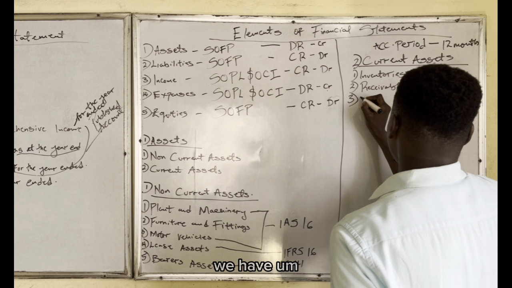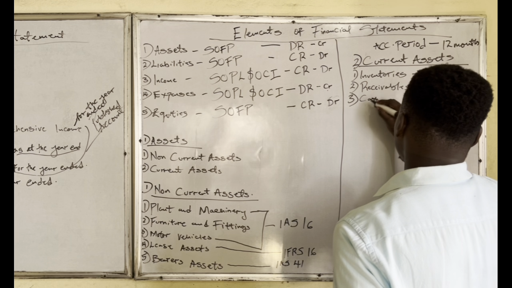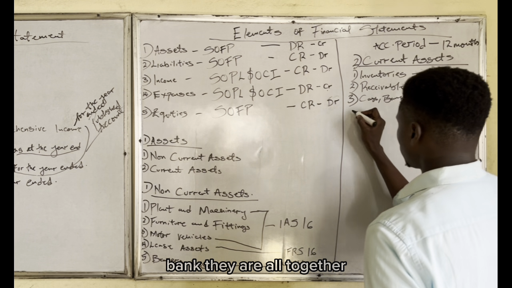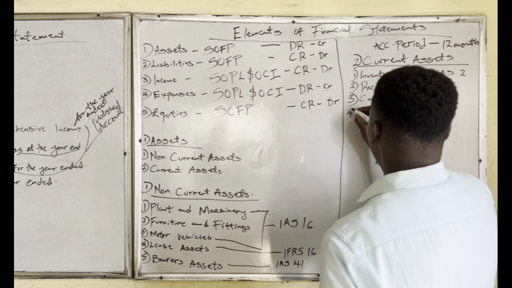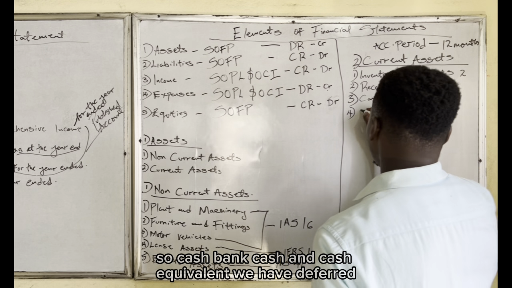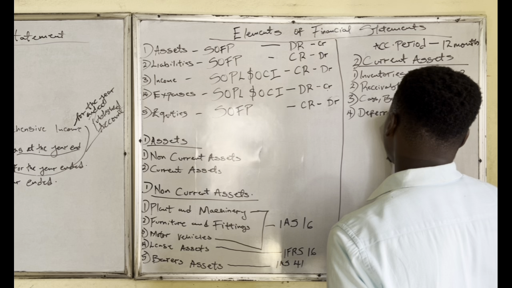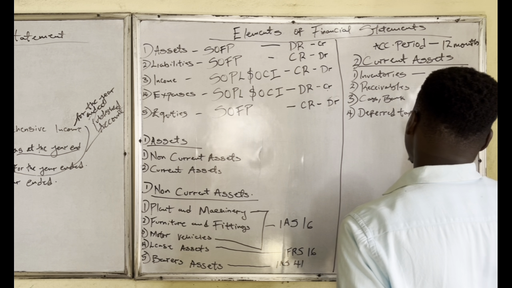They have cash, bank, they're all together. It can be separated too, basically. So cash, bank, cash and cash equivalents. We have deferred tax assets.